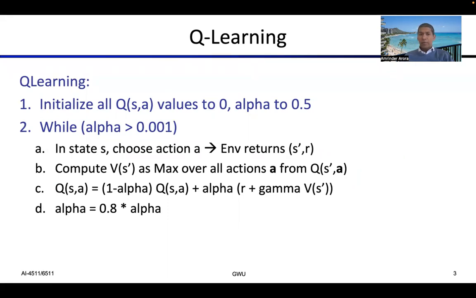And the way Q-learning works is it initializes every value to 0. In every iteration, when it receives a new reward, it uses the exponential moving average to update its estimate of Q(S,A). And it uses a decreasing learning rate alpha, which decreases in every iteration little by little, and eventually the loop stops.